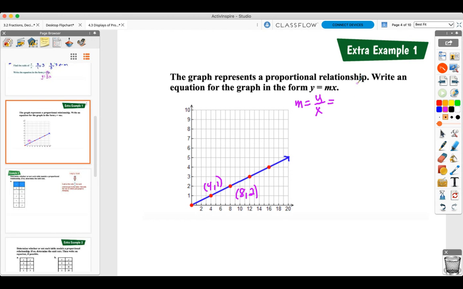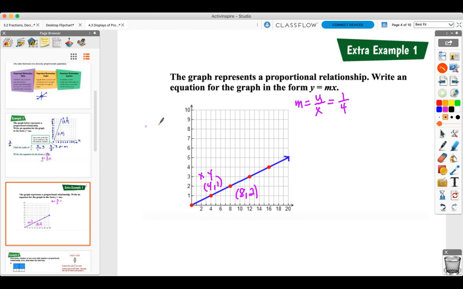So 4 over 1. Oops, the opposite way. This is x, this is y. So it's going to be 1 over 4. And now let's check this one.